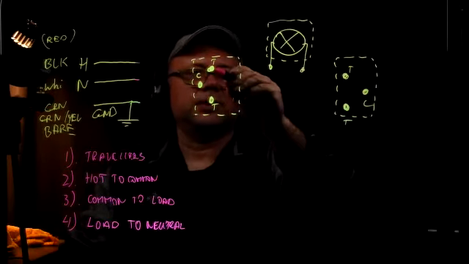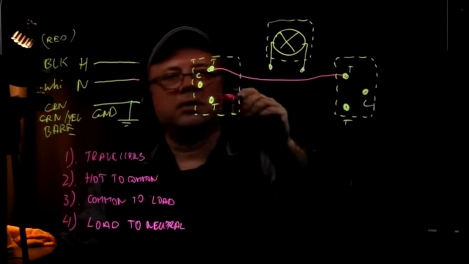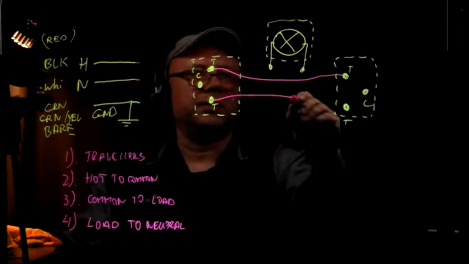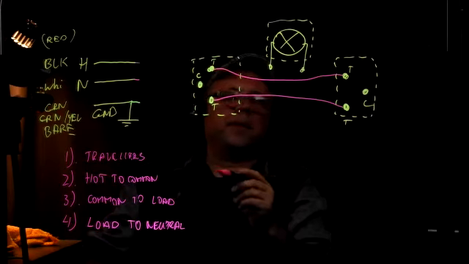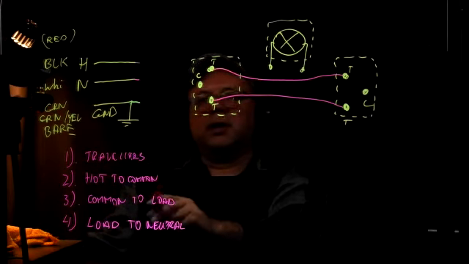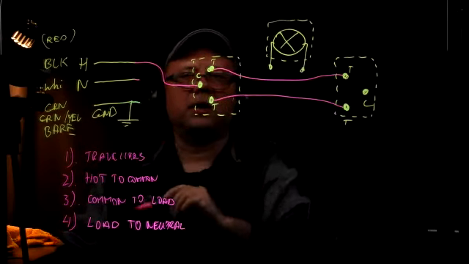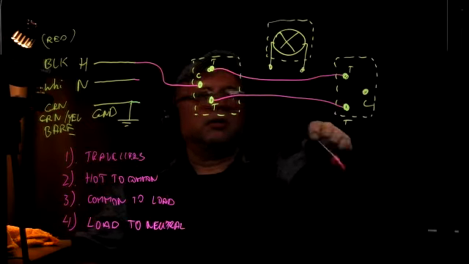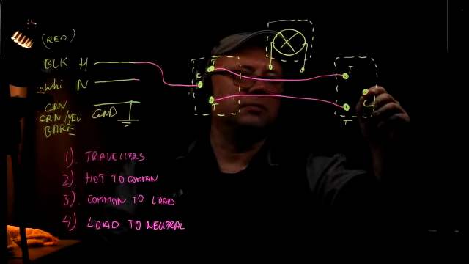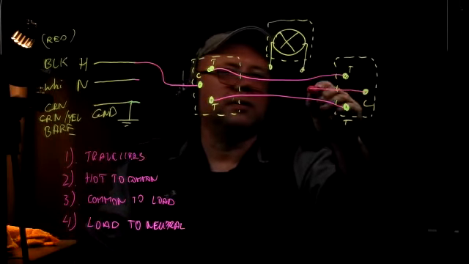I'm just going to make an ugly drawing here. Travelers are connected. Don't do that, you just use straight lines, please. Then we're going to get the hot to common, and the other common to the load. We're going to go maybe this way here.